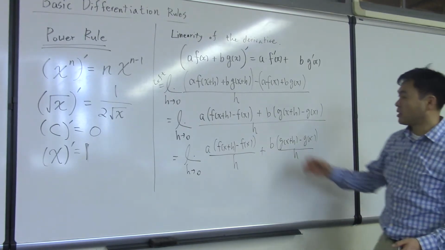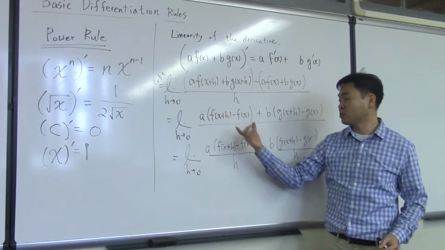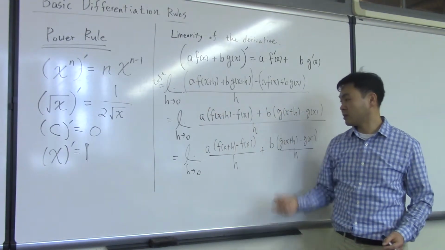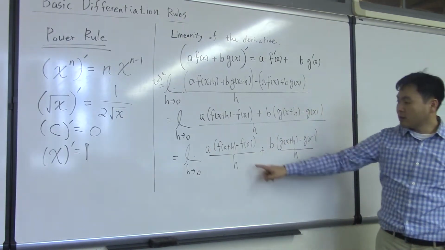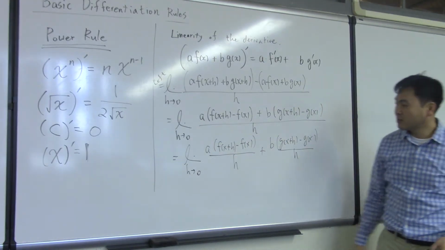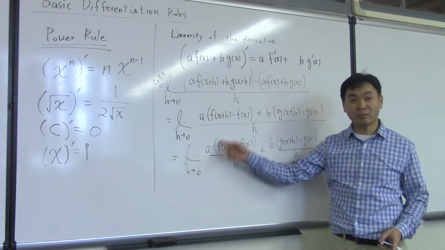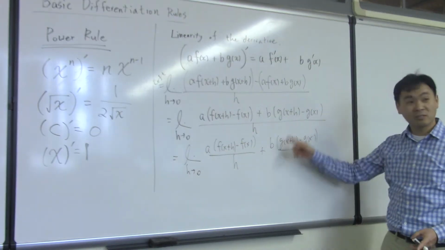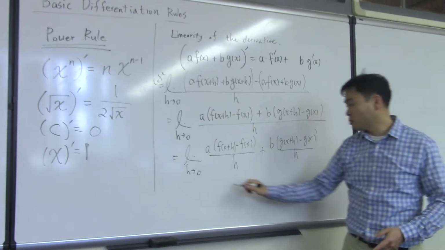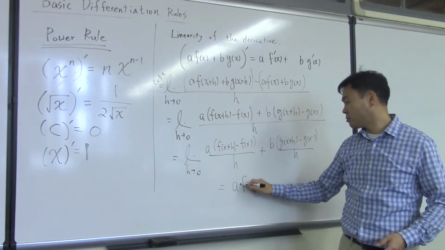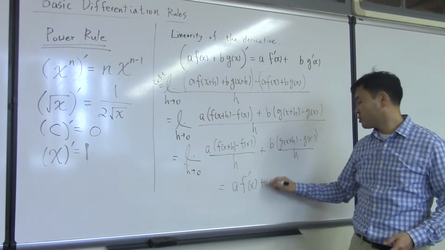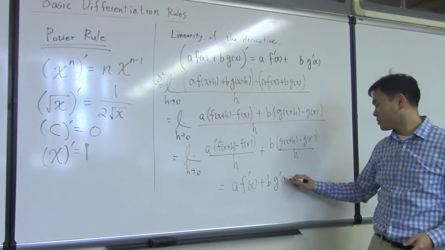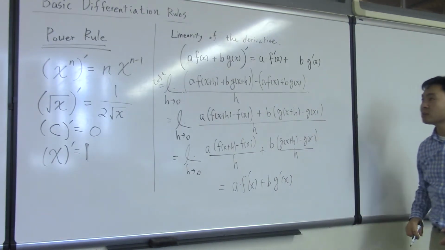So what I did was I split this fraction into two, this over that, this over that. And what is this? Isn't this the derivative of f? And this is the derivative of g. So we do have A times f'(x) plus B times g'(x). That's why this works.